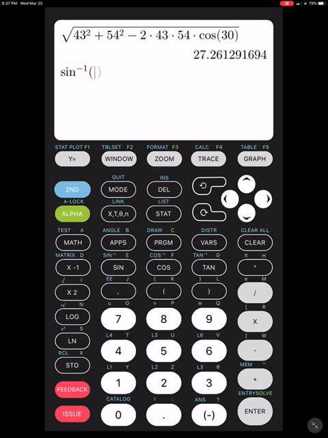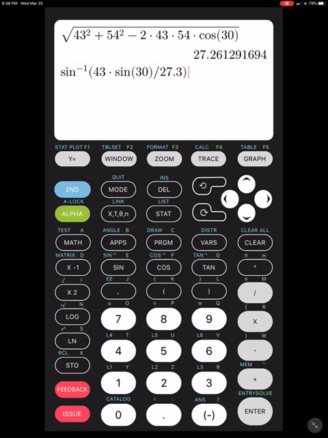Let's type it in. Make sure we type it in correctly. Let me start over here. Second sine, 43 times the sine of 30. And again, I'm already in degree mode, as we established earlier. Divided by 27.3, close it out.